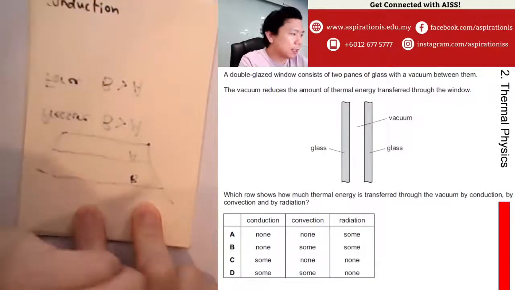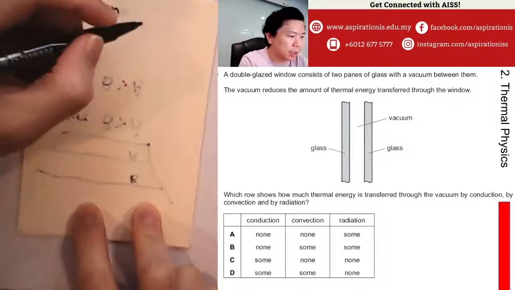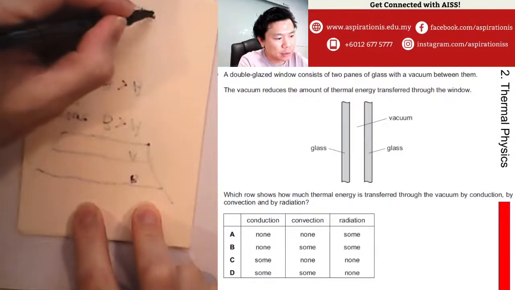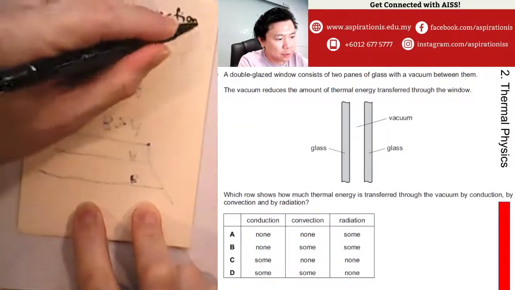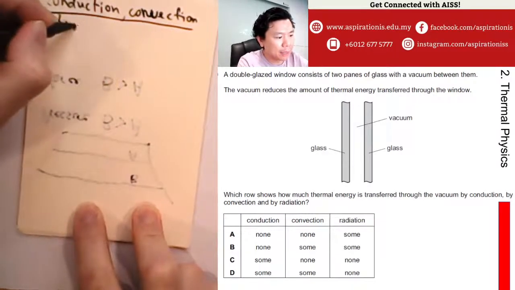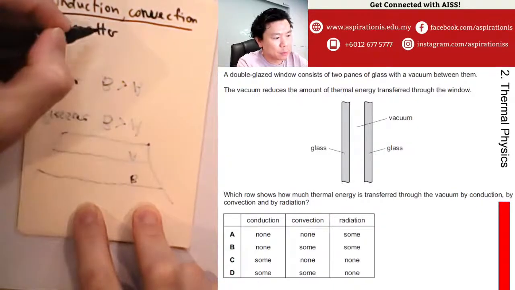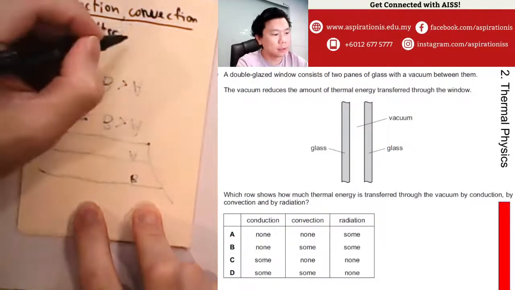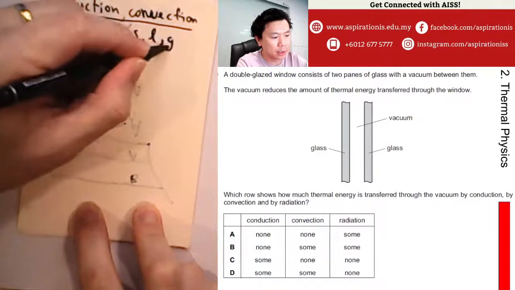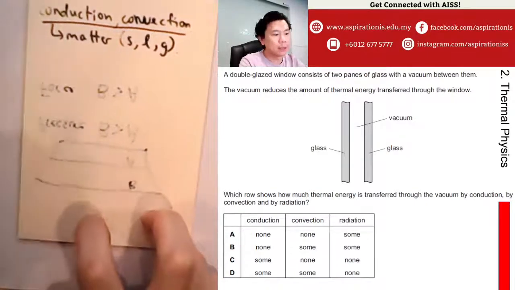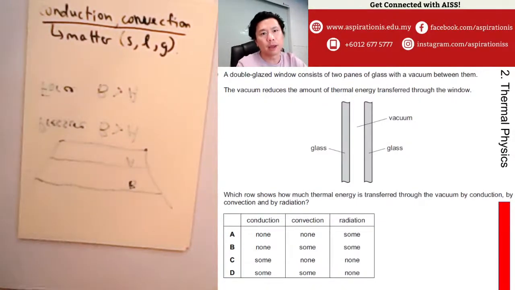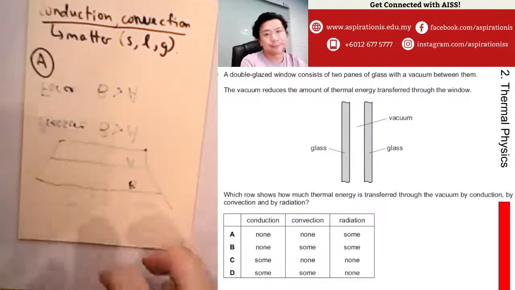Both of these require matter. When we talk about matter, we talk about particles of solid, liquid, and gas. So immediately when you see that there is a vacuum, conduction and convection do not take place. So immediately you know the answer is A.